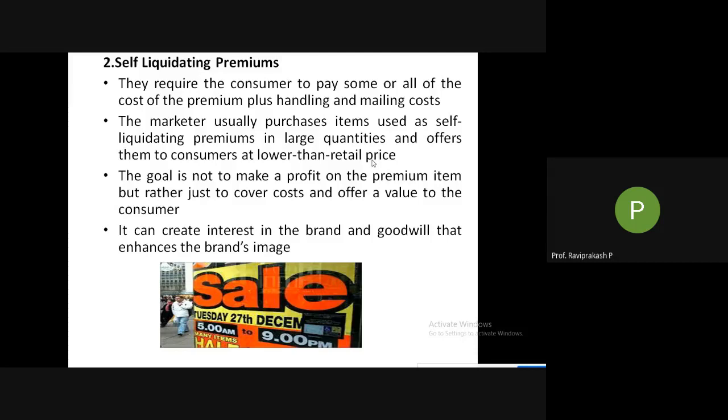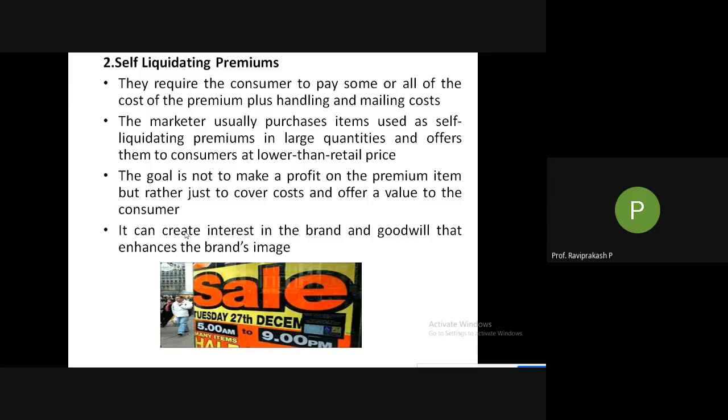The goal is not to make a profit on the premium item, but rather just to cover costs and offer value to the customer. The customer is happy that he is getting a lower cost, and they simply reduce the profit percentage they already had on it. They don't want to make profits.